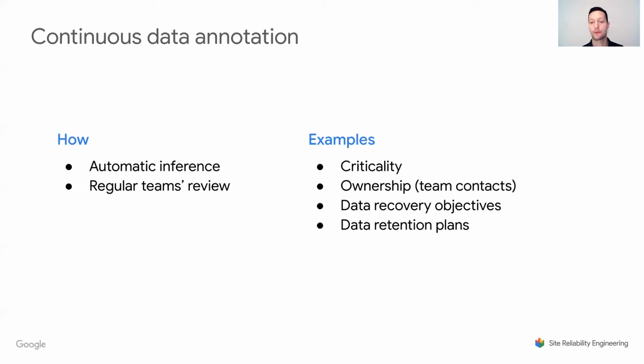One example of such automation would be inference of data ownership, and this can be based on a registry of data systems in your organization with ties to teams who own and maintain them. So you can infer ownership of data by using the register of systems and their contact points.